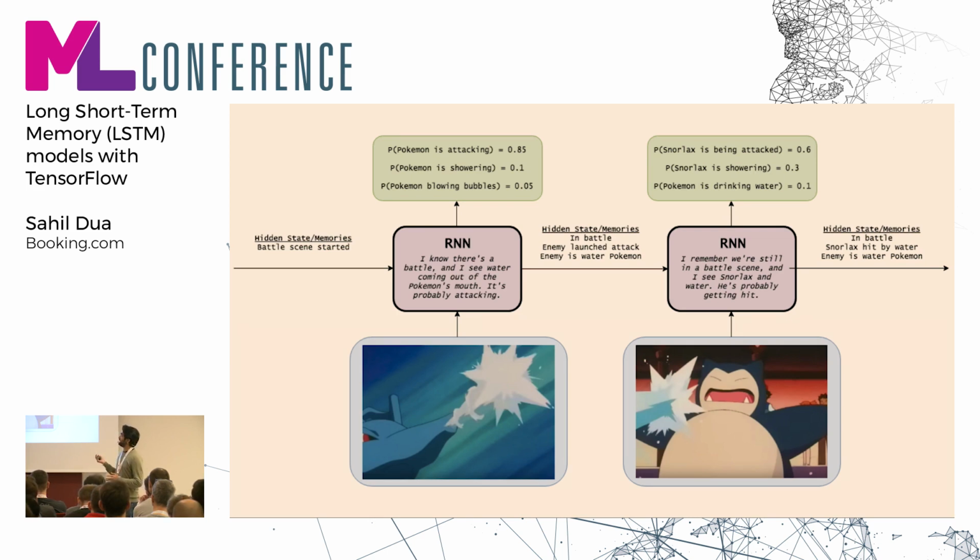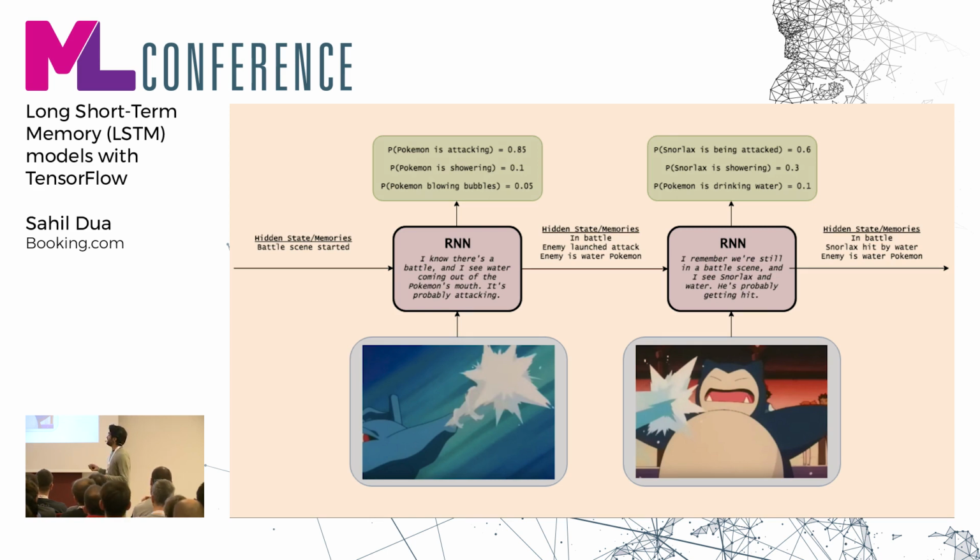So it's going to save in the memory that it's in a battle, the enemy is a water Pokemon, and the enemy has launched an attack, so that whenever the next image comes, it remembers that context, that the enemy was attacking with water. And as we see in the next image, it's going to say, okay, I remember we are still in a battle and the Pokemon was attacking, so Snorlax is probably being hit.